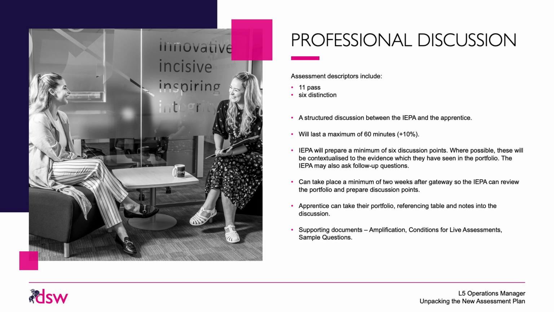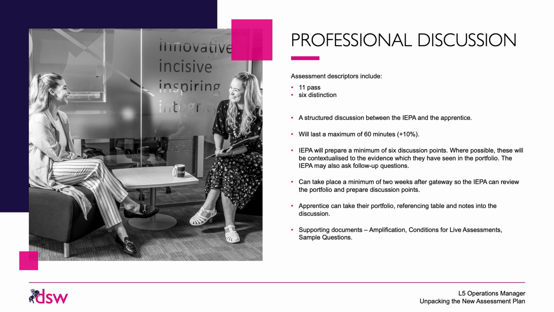The assessment method will last for a maximum of 60 minutes, and there is an additional 10% added time that can be included at the assessor's discretion. This is to allow the apprentice to come to a natural stopping point in their response, so the assessor isn't cutting them off halfway through providing some evidence.